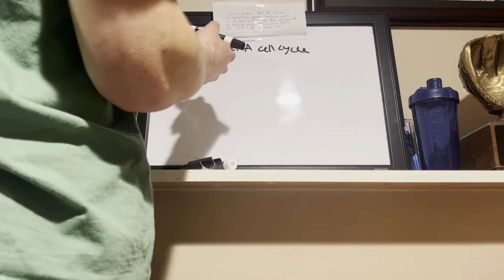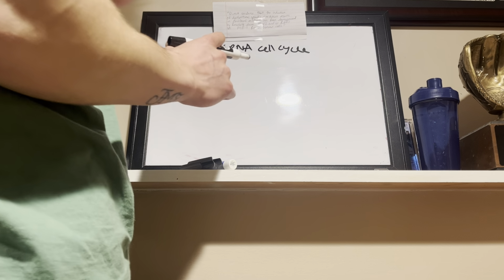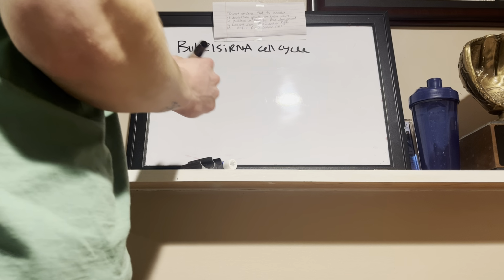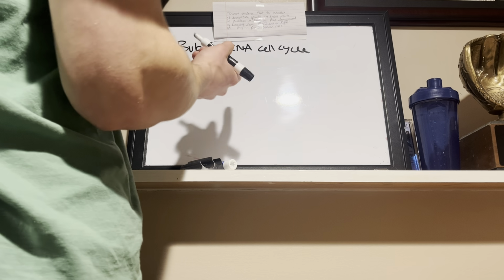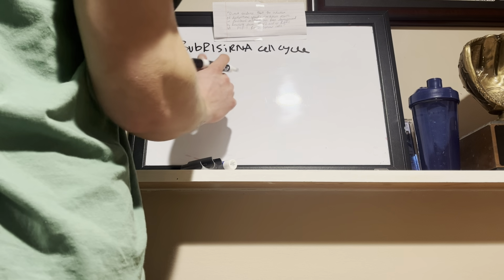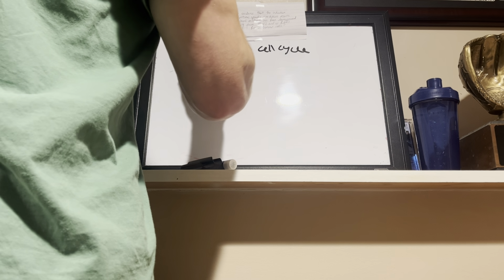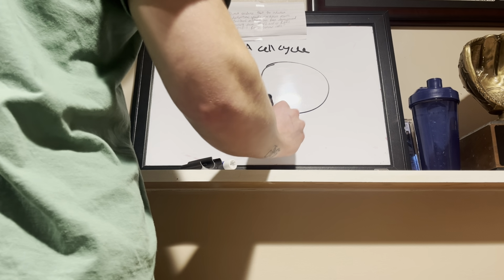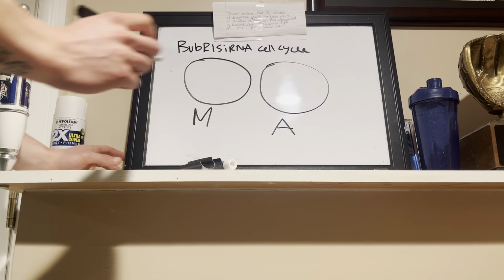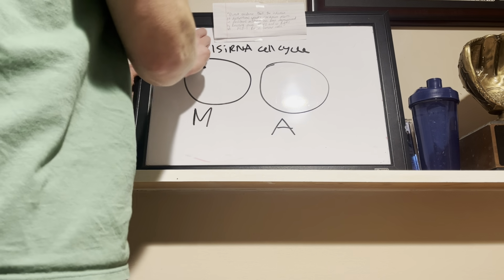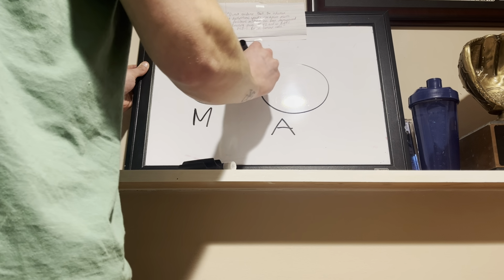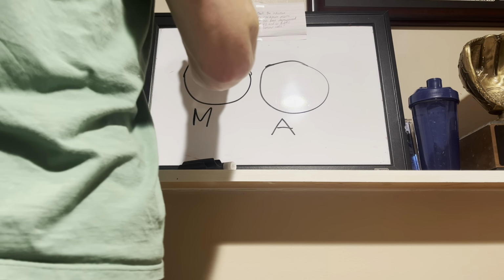And that basically is specifically telling us that BUB-R1 is most likely involved in mitosis, because mitosis has spindles and spindle fibers. And specifically in this case, we know just from past knowledge in class, BUB-R1 is specifically involved in the cell cycle, moving cells from metaphase to anaphase. So this is metaphase with the M, and the anaphase is an A. So I guess we'll first draw what a normal cell cycle will look like, and then we can draw the one with siRNA after.